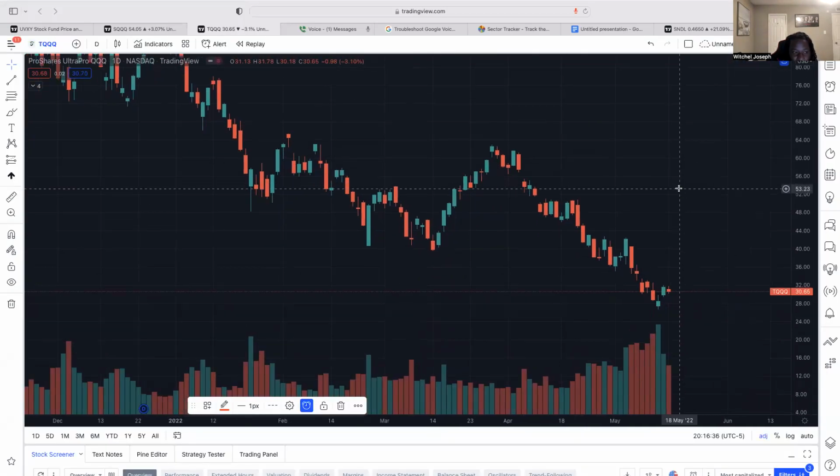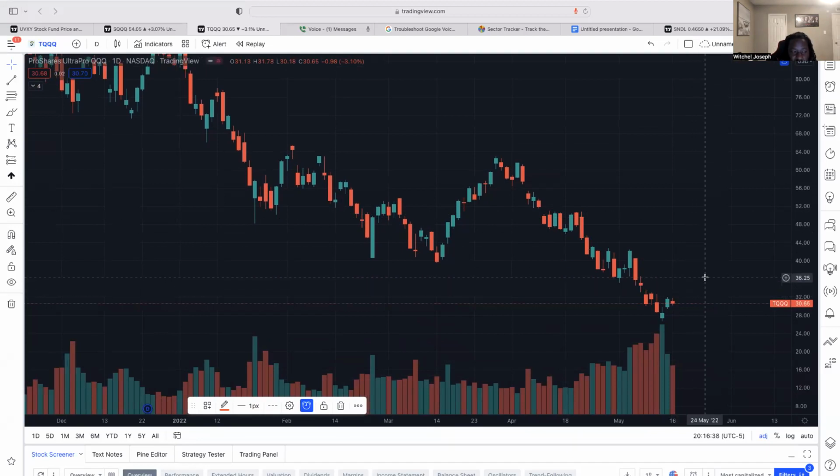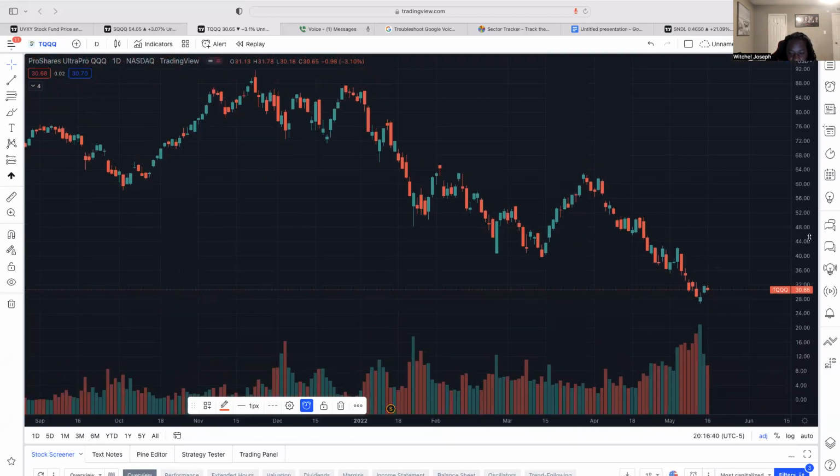TQQQ is 3 times leverage of QQQ going in the same direction. So if the market goes up, you could buy TQQQ and get 3 times leverage. Or if the market goes down, you buy SQQQ and you get that 3 times leverage on the downside. So this is your calls and puts without playing calls and puts. Does that answer your question?